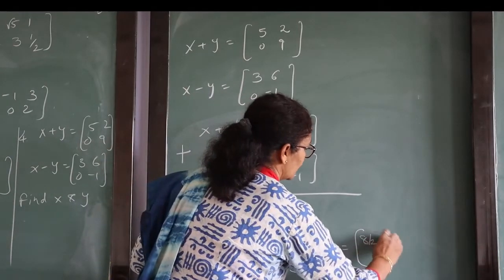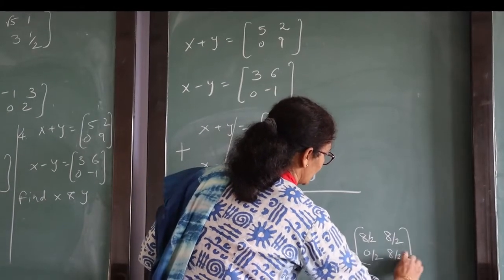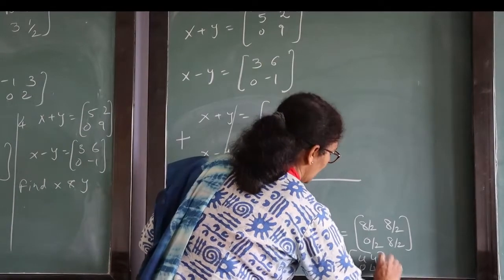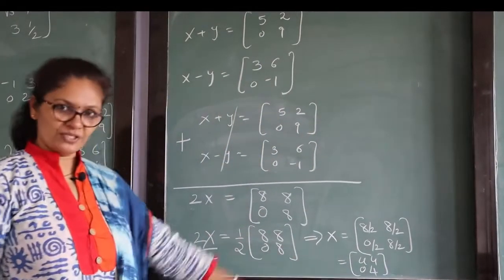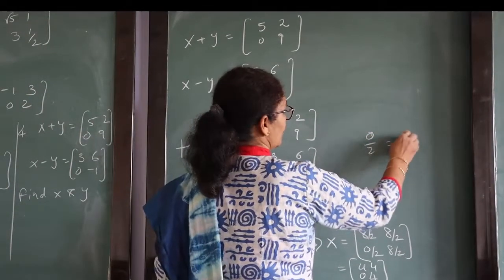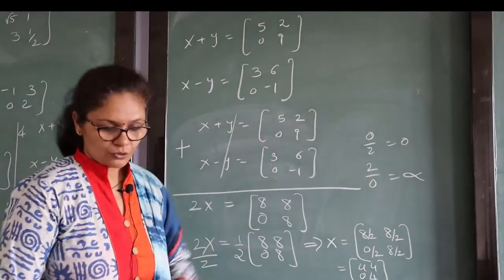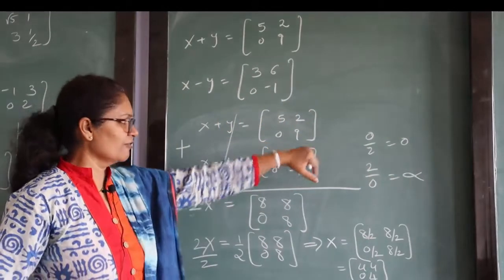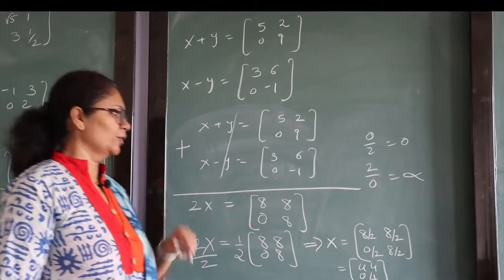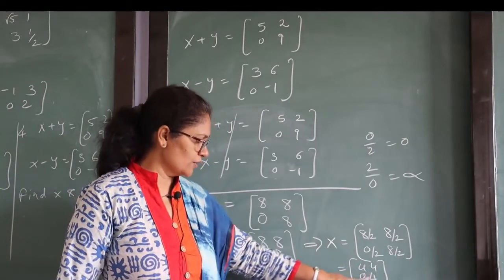So 8 by 2, 8 by 2, 0 by 2 and 8 by 2. So what you get? 4, 4, 0 and 4, because 0 by 2 will be 0. But remember, 0 by 2 is 0, but 2 by 0 becomes infinity. Whenever you get the same condition, remember this. So your X will be 4, 4, 0, 4.